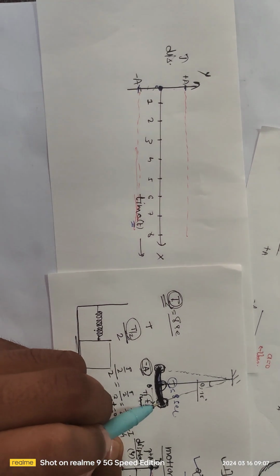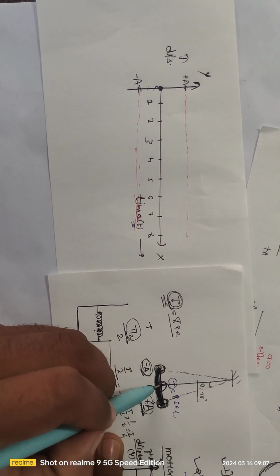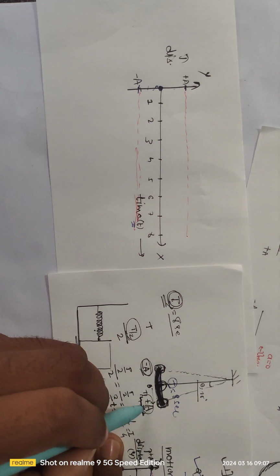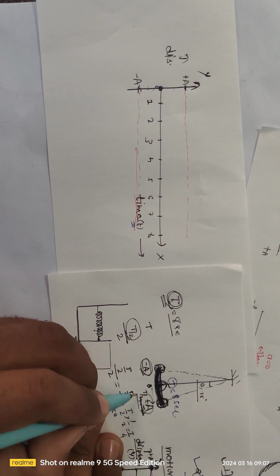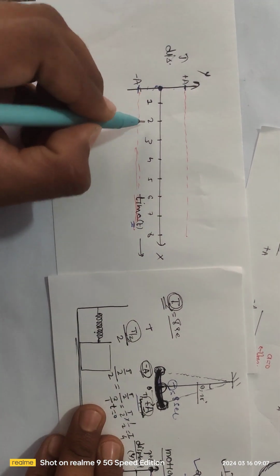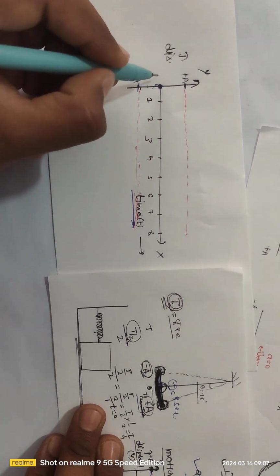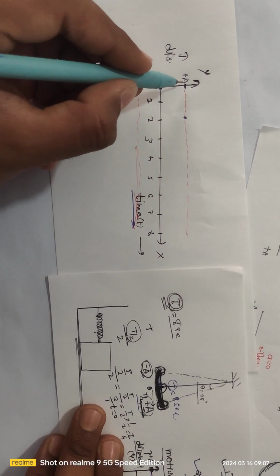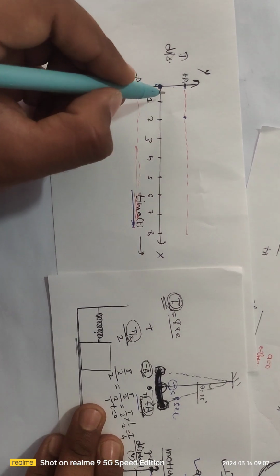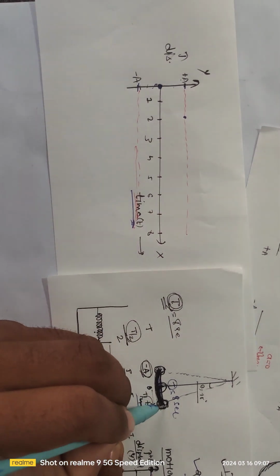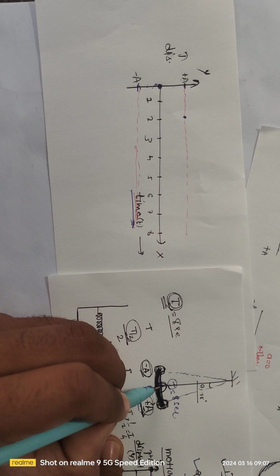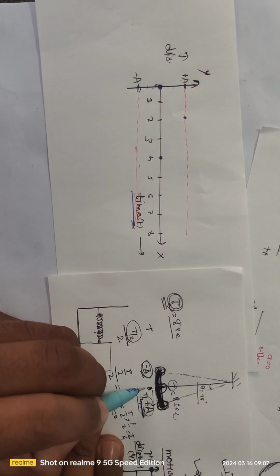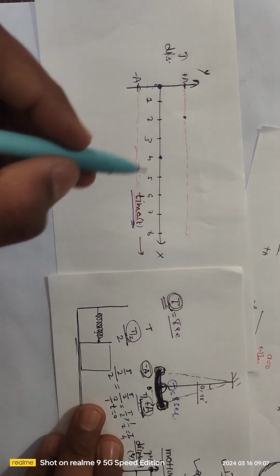Okay, so what will happen? After 2 seconds it will reach the maximum in the plus A position. So at time t equal to 2 seconds, the particle will be at plus A. Again after 2 seconds, at 4 seconds, it will come to the equilibrium position.